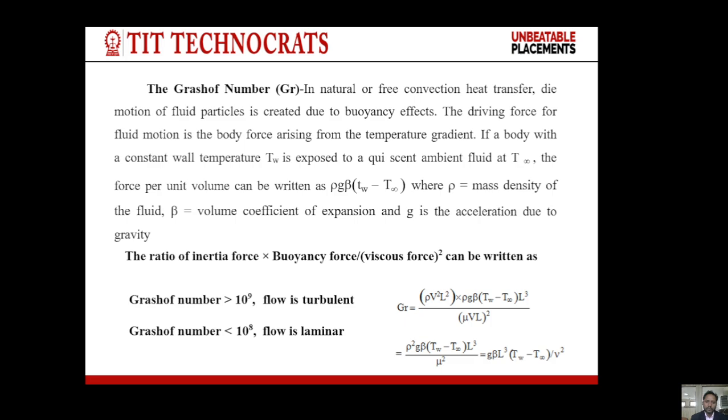In case of turbulent flow, the Grashof number value is greater than 10 raised to power 9, and for laminar flow the Grashof number is less than 10 raised to power 8. So this is the formula which will be used to calculate the Grashof number.